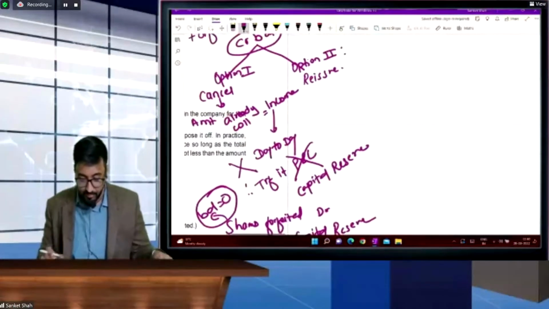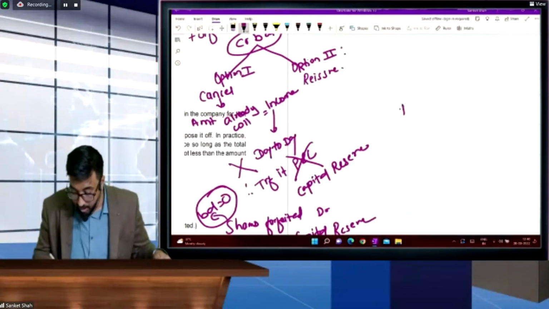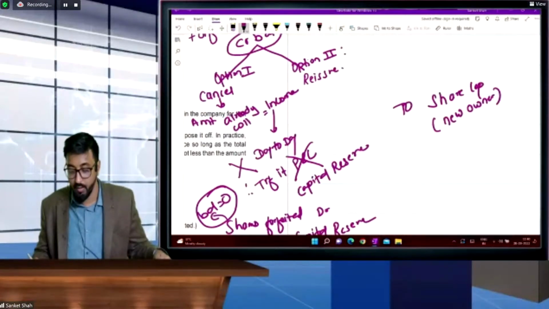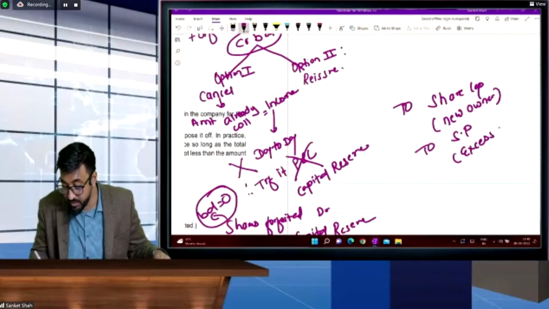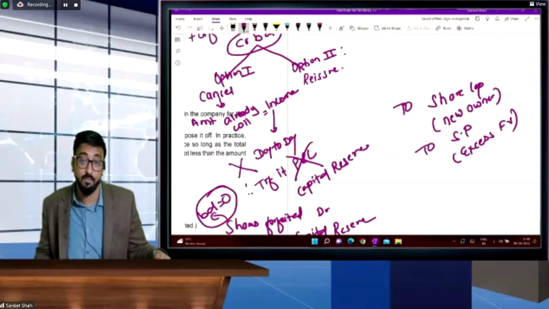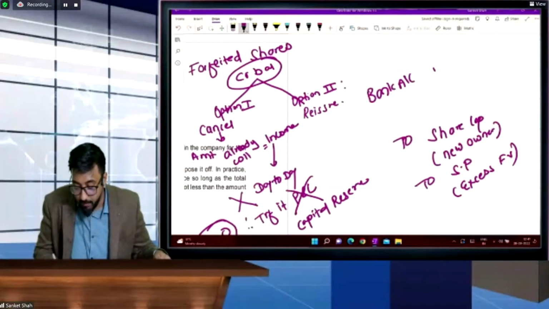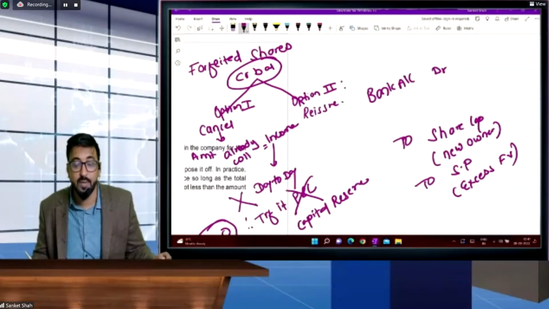Yes. In reissue to some other person, a new owner, to share capital. If you collect excess over face value, then securities premium. Now the new owner will pay you some amount. So bank account debit, and share capital is credited, securities premium is credited.